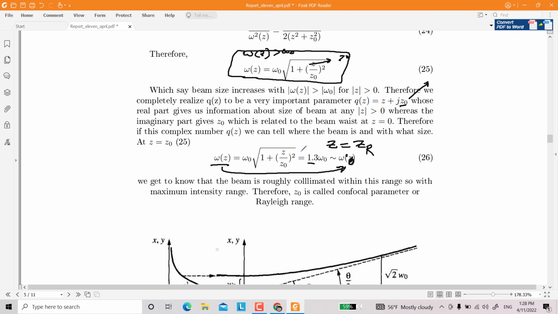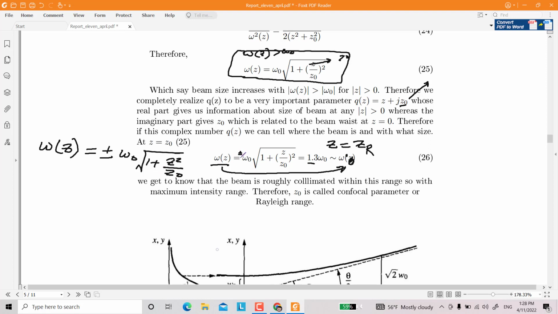So if we draw the diagram, see here we have omega of z, and remember omega of z can have two values, positive and negative, depending on the quadrant. Because we took the square root, we can expect to get plus minus here.